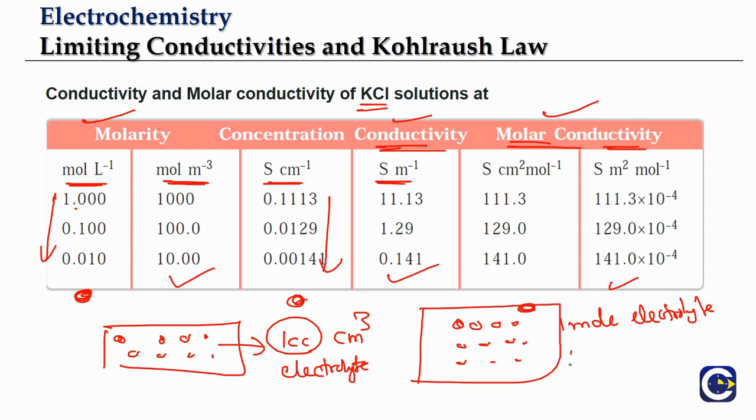This is dilution. The same 1 mole of particles is now in a larger volume, so they are diluted. The chance for dissociation is going to increase, so more and more dissociation is going to happen. As a result, from 111.3 it is increasing to 129 and it is increasing to 141.